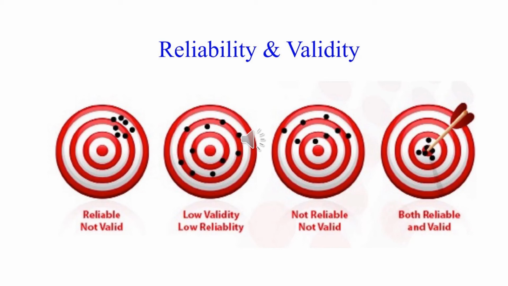So, kung yung line nagre-represent ng dami ng tamang sagot, then very scattered sila sa isa't isa. Next, last figure, they are both reliable and valid. So, self-explanation na lang yan.